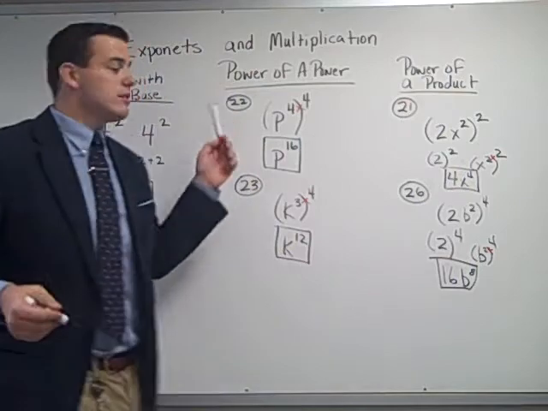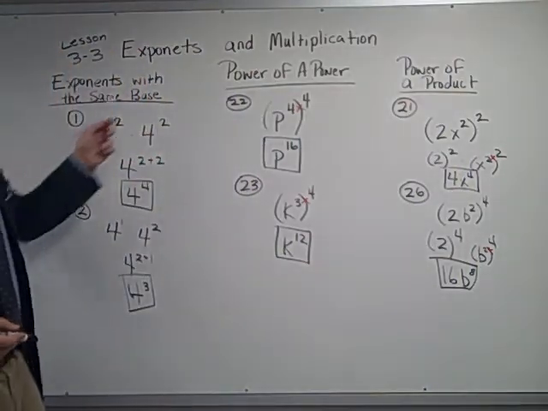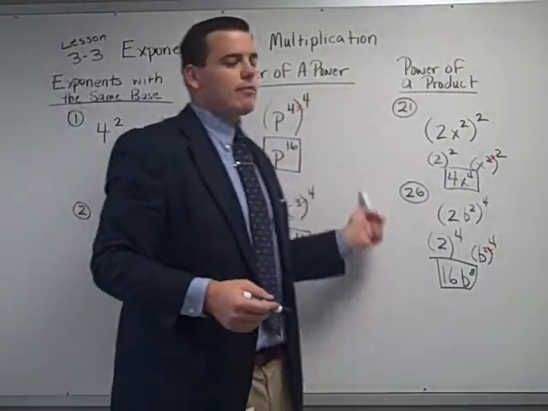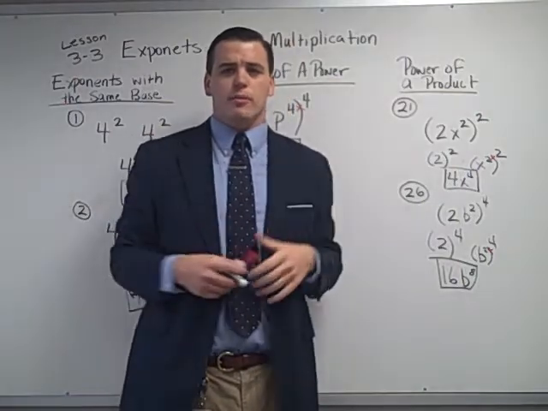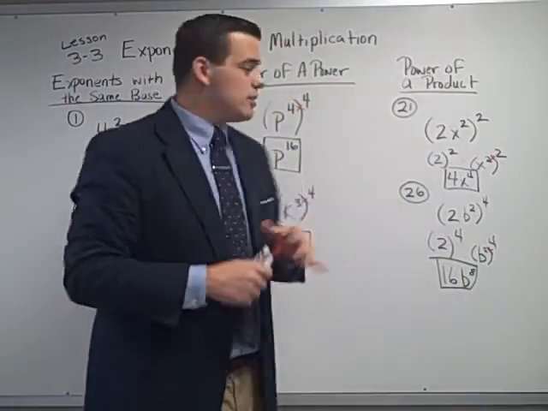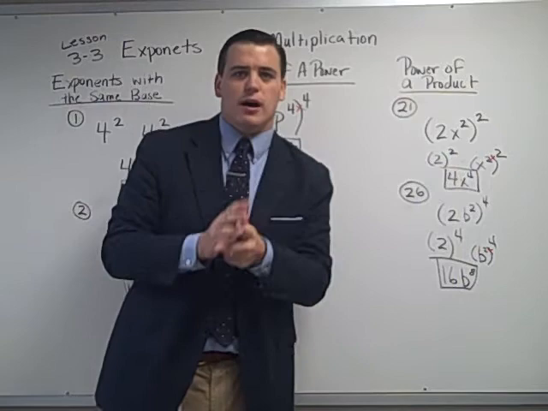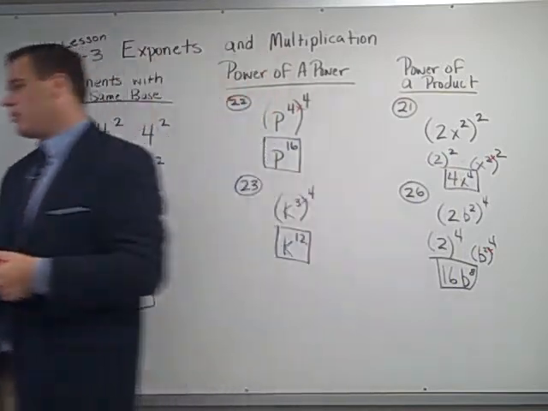So these are the 3 sections: exponent with the same base, power of a power, and power of a product. Now each one of these can go a little bit farther. So I'm going to just take a second to erase this, and I'm going to go over 2 other lengthy problems from the homework.